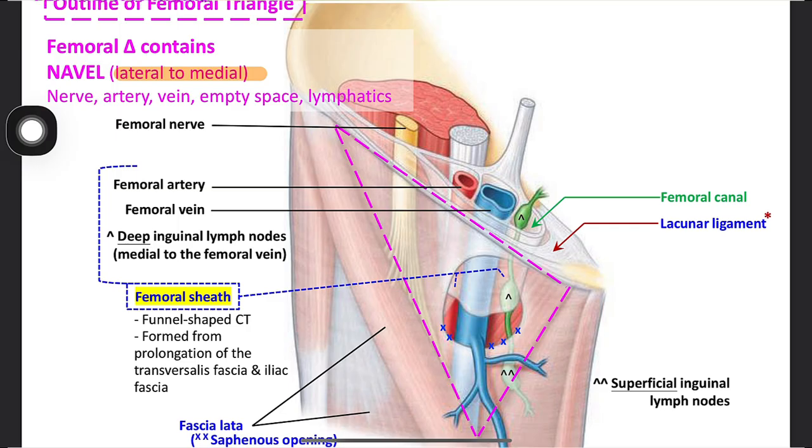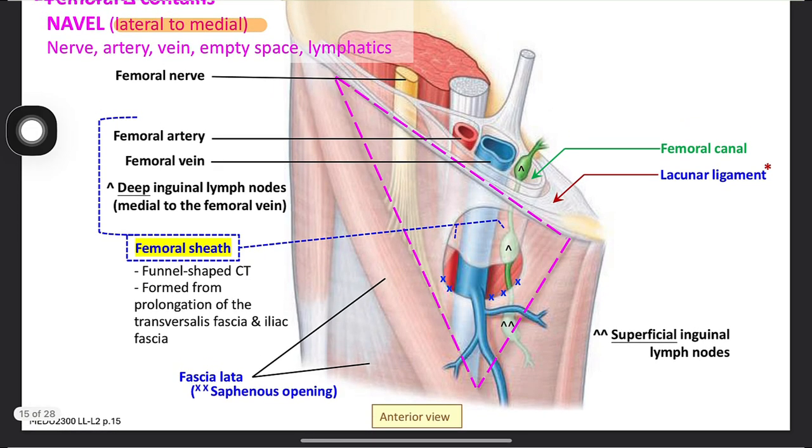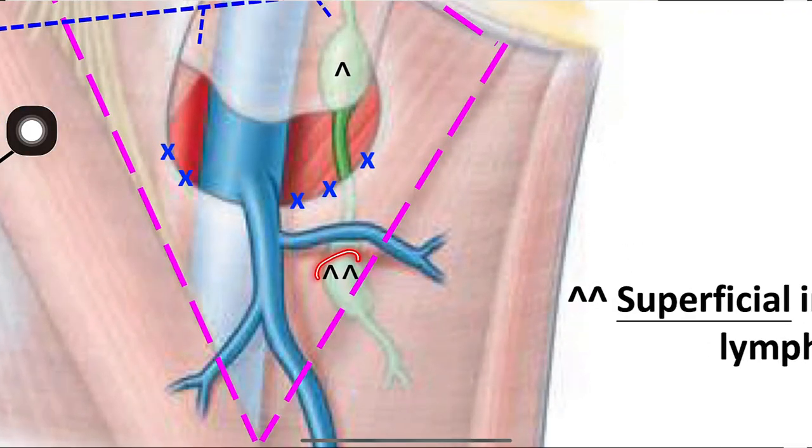So now here you can see something new. Inside it, wrapped by the femoral sheath, are what we call the deep inguinal lymph nodes. And then where can we find the superficial ones? They are not wrapped by the femoral sheath, and they're outside here. So these are the superficial lymph nodes.